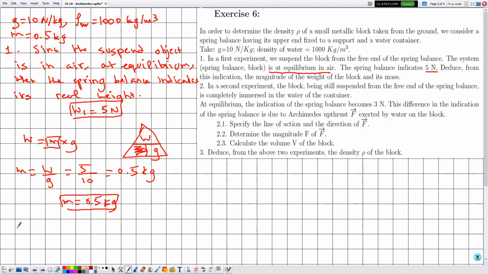Now in number 2, in a second experiment, the block being still suspended from the free end of the spring balance is completely immersed in the water container. At equilibrium, the indication of the spring balance becomes 3 newtons. This difference in the indication of the spring balance is due to Archimedes upthrust F vector exerted by water on the block.